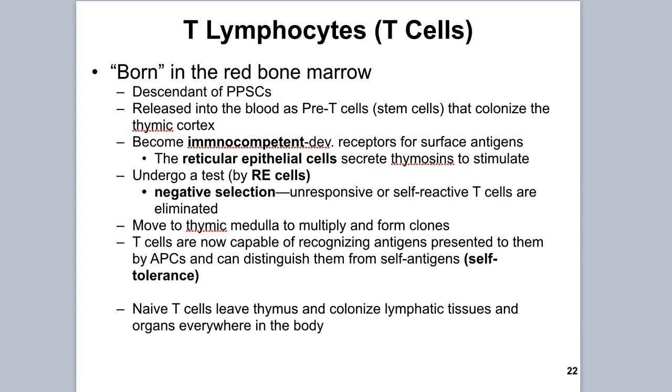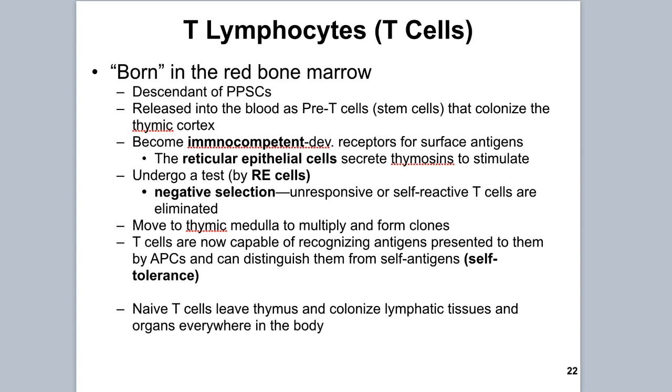These T cells, we say that they're born. They first develop in the red bone marrow. I know we've talked about T cells developing in the thymus, and that's true, but they first start out their development in the red bone marrow.